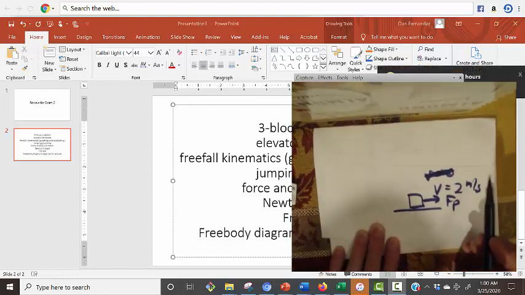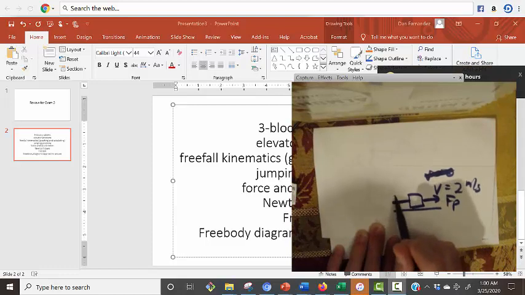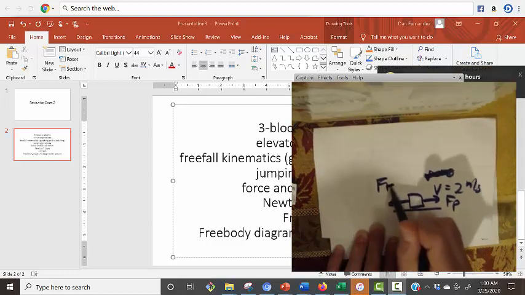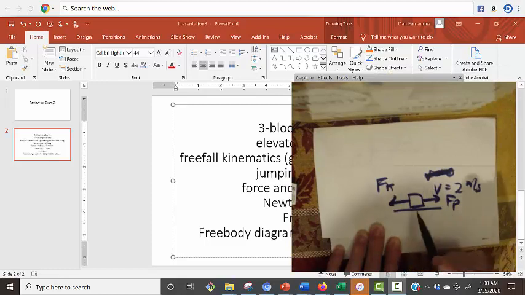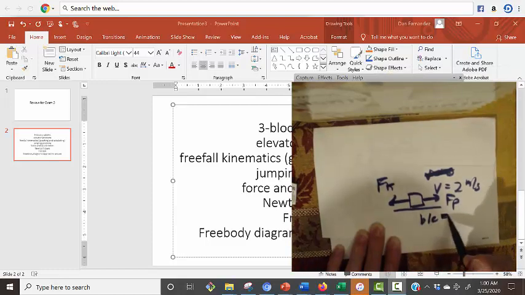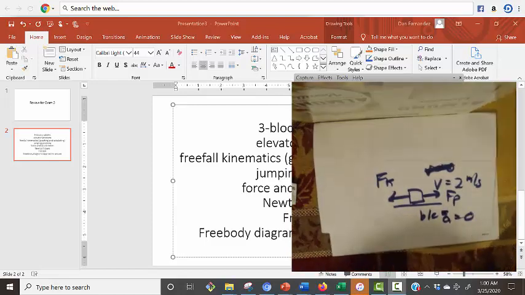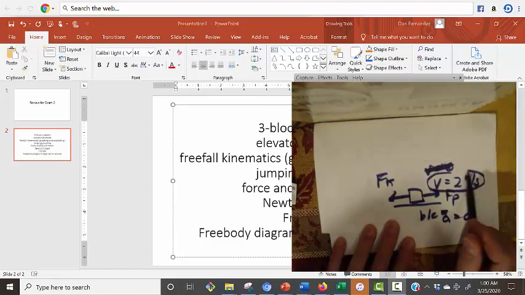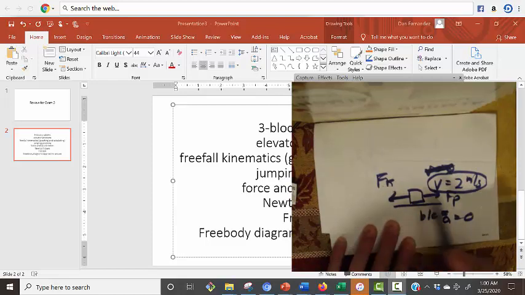That means that there actually has to be a kinetic friction force that's opposing your pushing force, and the two have to be equal because acceleration equals 0. And if acceleration is equal to 0, there's no net force acting on the object. So if there's no net force, the acceleration is 0, and it'll be moving at a constant velocity. So you could figure out what the friction force is based on how hard you're having to push the object.